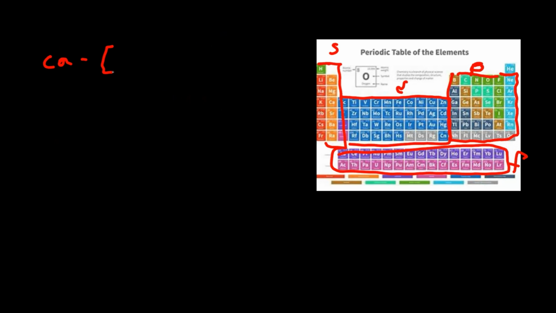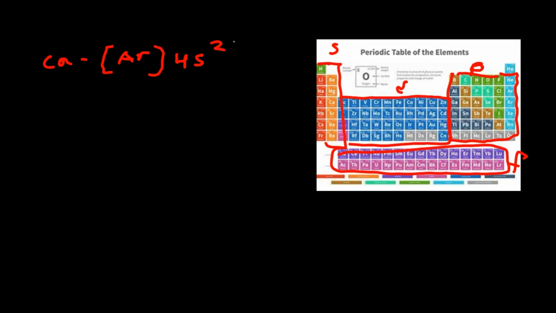For calcium, argon is going to be the last noble gas. And then you continue along with the electron configuration. Calcium's in the fourth row, and we're in the s block, and it has the second electron. So this would be the electron configuration for calcium, using noble gas notation.